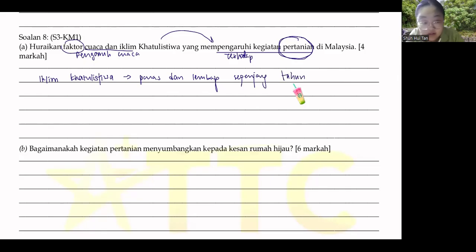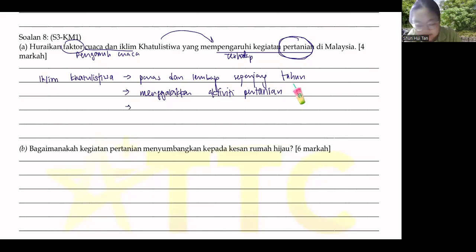Okay, and then what happened? Menggalakkan activity pertanian. Now, what do they plant? You need to mention what they plant.